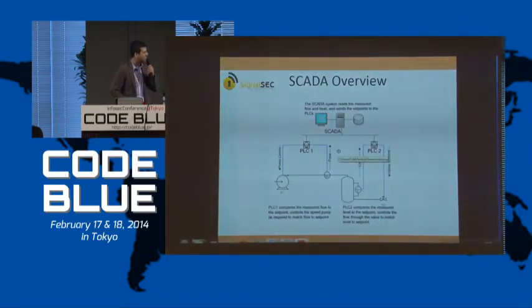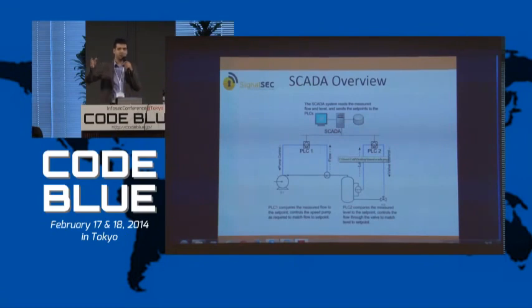This is a simple overview of a SCADA system. A SCADA system is an industrial control system for monitoring and controlling industrial processes. This is a simple overview of a SCADA system for a water plant. For example, at the top, there is a machine which runs HMI software.